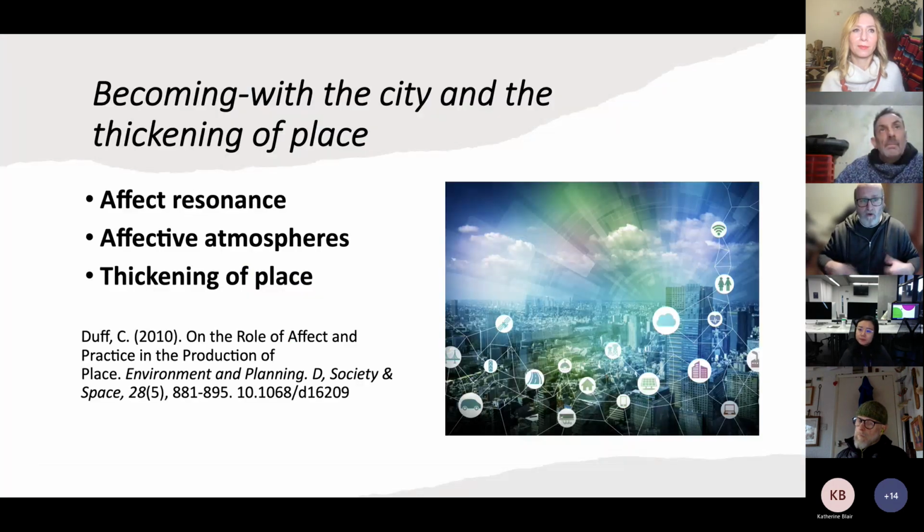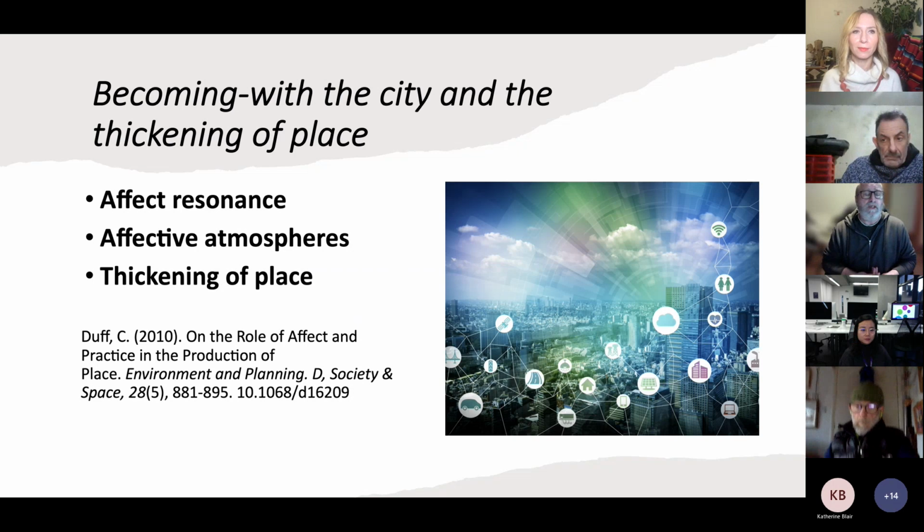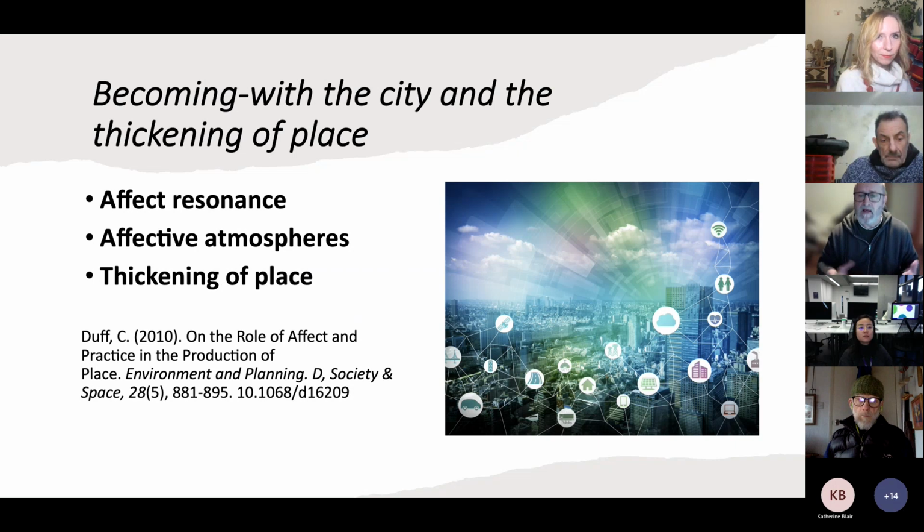It drove this dive into the ecologies of belonging, and this idea of becoming with the city, and a thickening of place that happens when the story is enmeshed in the city in a meaningful way.